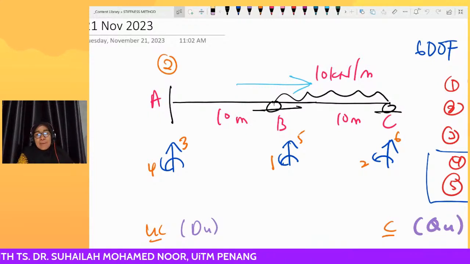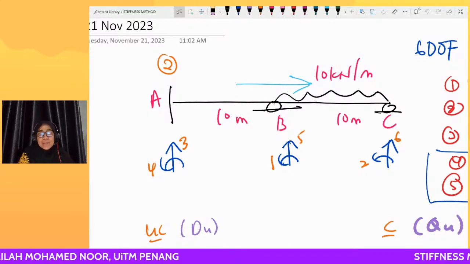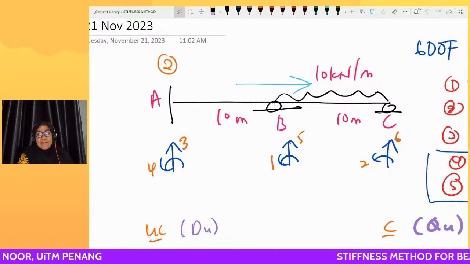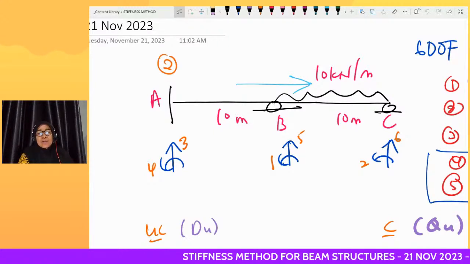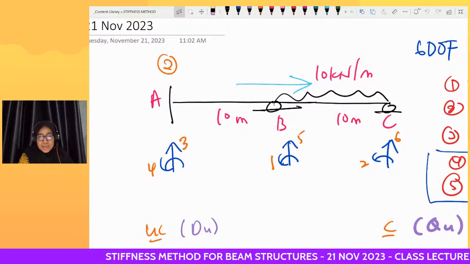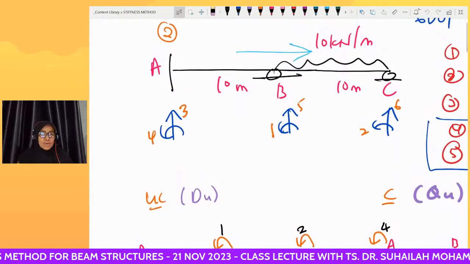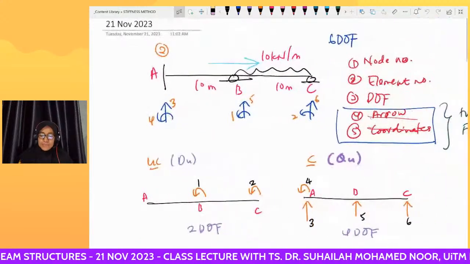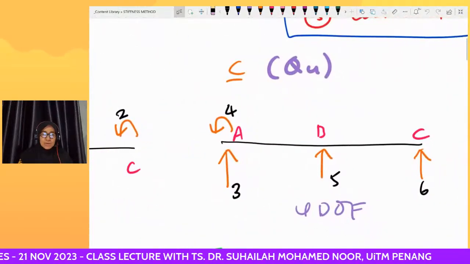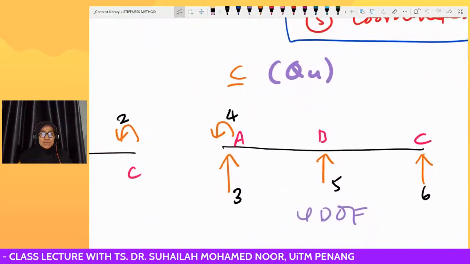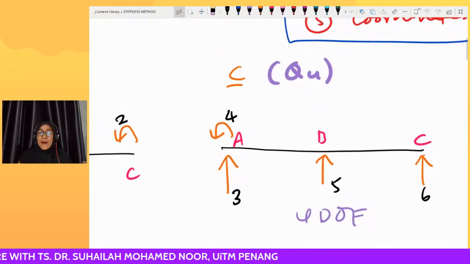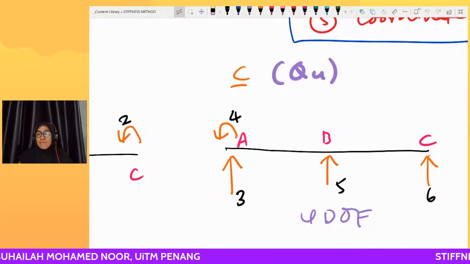Remember, whenever we label the degrees of freedom, we have to make sure that we label them according to the unconstrained and constrained system. Basically, constraint refers to the number of unknown reactions.